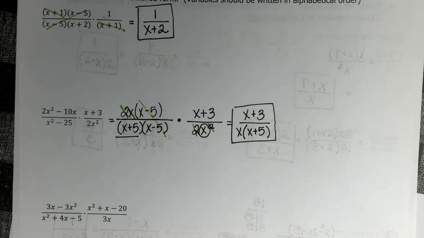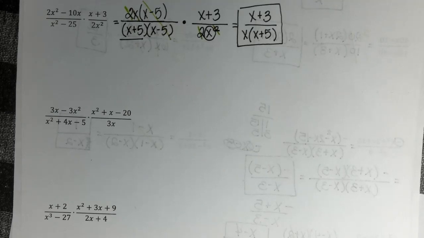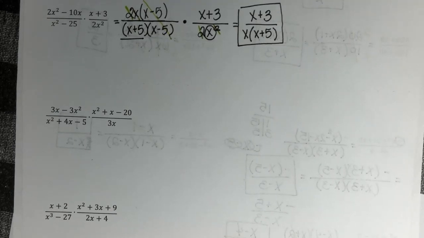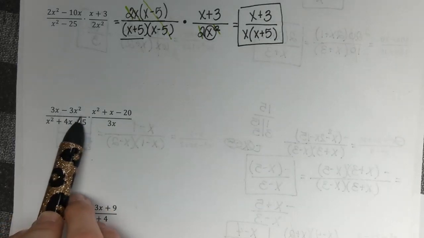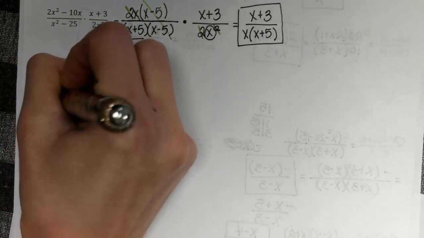Okay, y'all good with that? Okay. Now, I've got 3x minus 3x squared over x squared plus 4x minus 5 times x squared plus x minus 20 over 3x. Now, this is not written in standard form. If it was written in standard form, it would be negative 3x squared plus 3x.